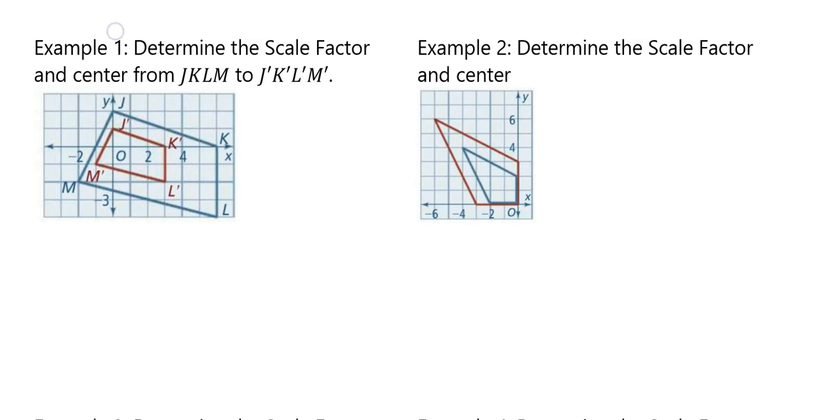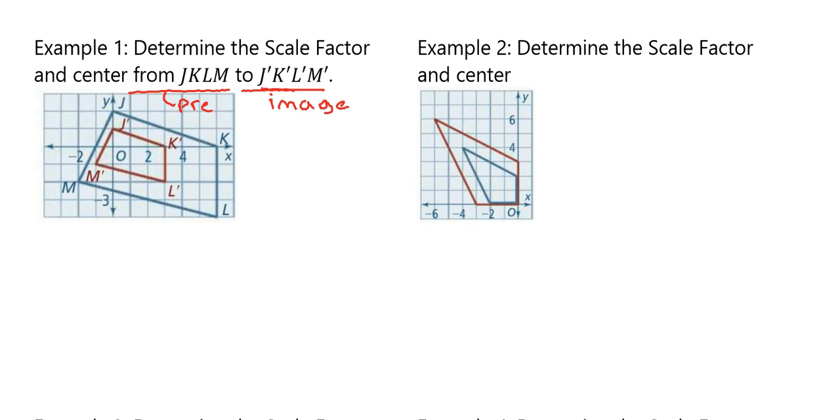Example 1. Determine the scale factor and center from JKLM to J prime, K prime, L prime, M prime. I want to know what's the pre-image and what's the image. We're always going from the pre-image to the image. The first thing I want to know is, is this a reduction or an enlargement?